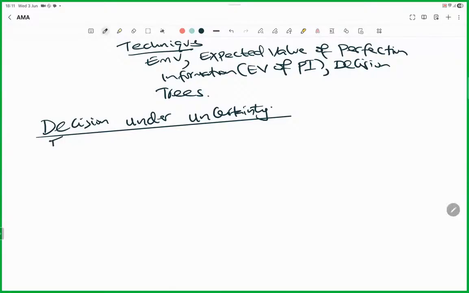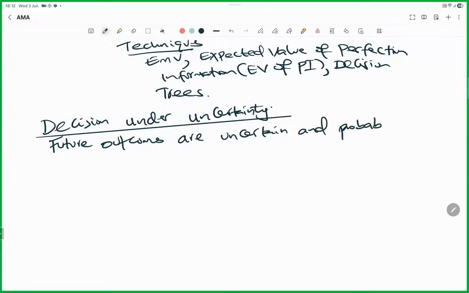Future outcomes are uncertain, and probabilities are unknown. So in this case, future outcomes are unknown or uncertain, and the probabilities are unknown or not given.